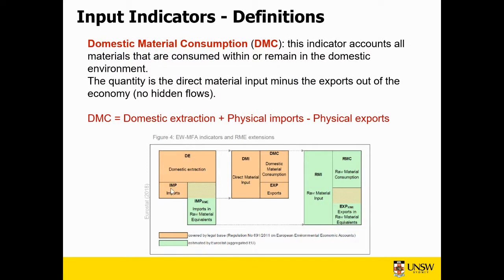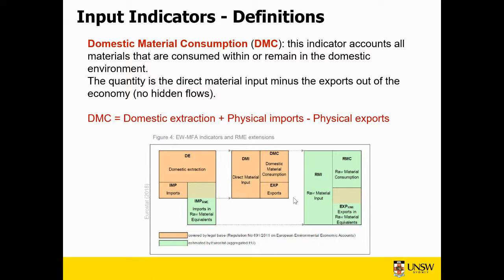Then we have something which is called the domestic material consumption, which tries to map the materials which actually are used by the internal demand. So basically it is the materials that enter the national economy minus the materials which are exported, so the materials that are physically sent somewhere.